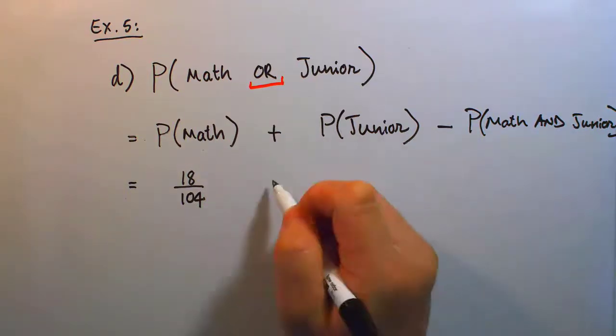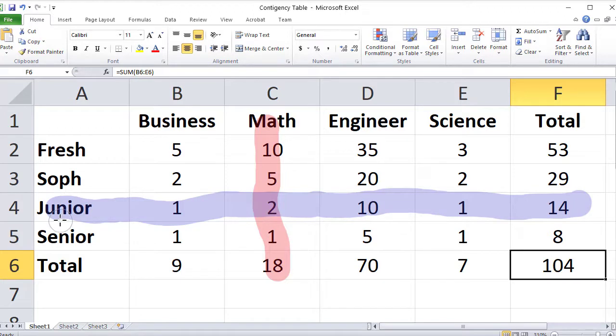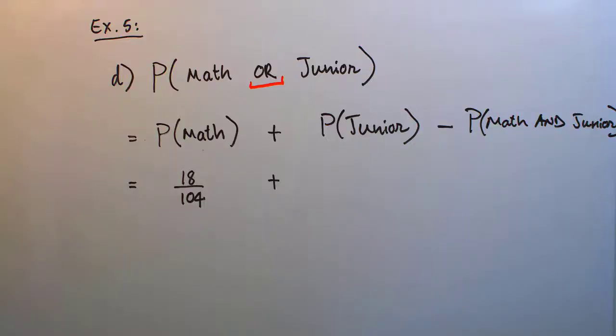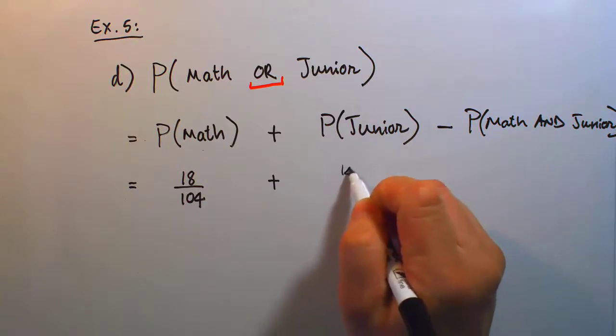On the other hand, the junior class is located in this row, highlighted in light purple, and it runs all the way to the row total being 14. So we can easily find that the probability of being a junior in this class is 14 out of 104.